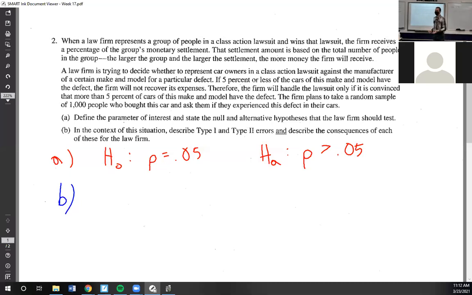So what's the consequence? They don't take a case that they should be taking. That would be your consequence. So let's take a look at how that's written out so that you can see.